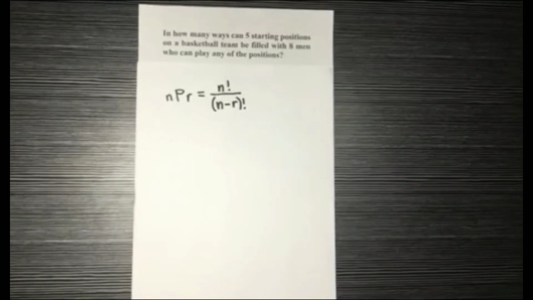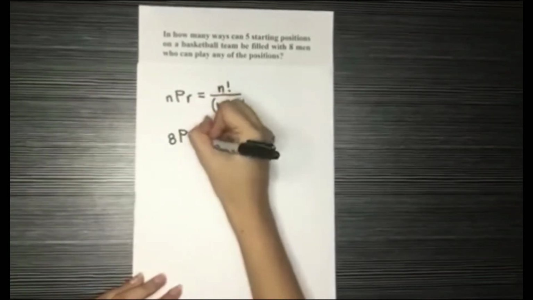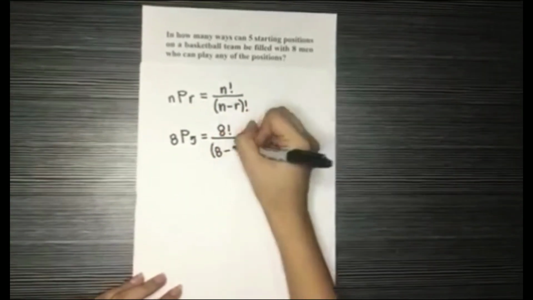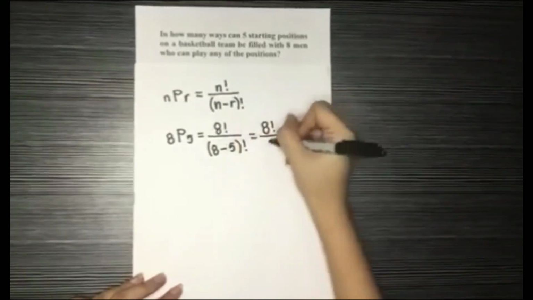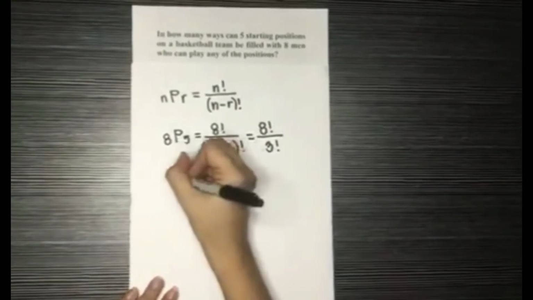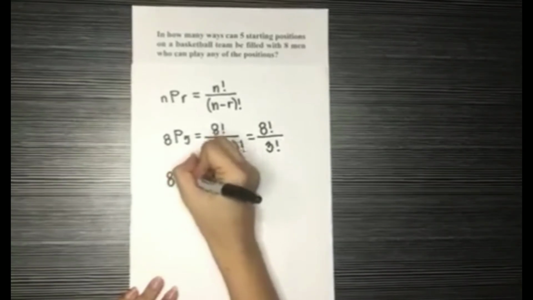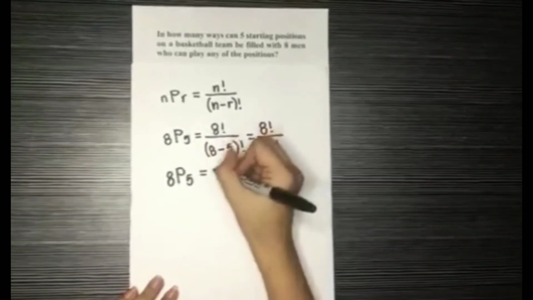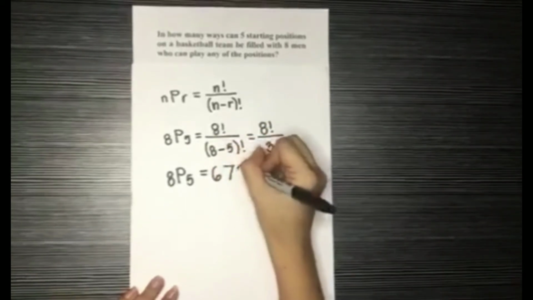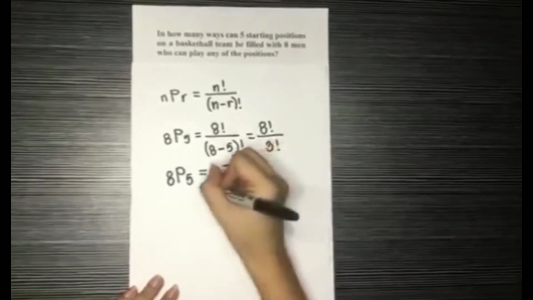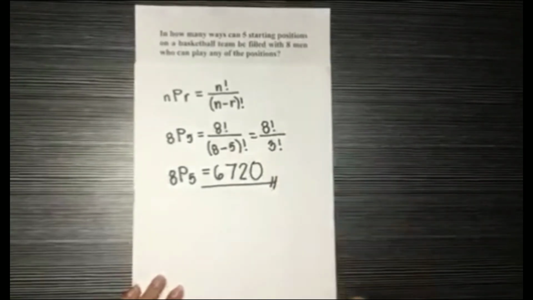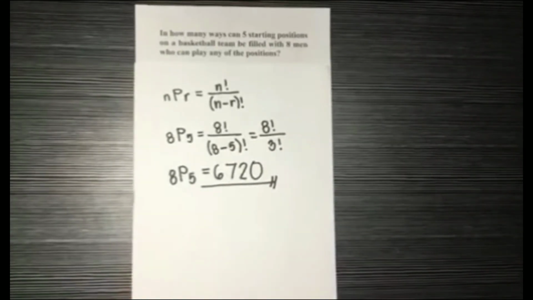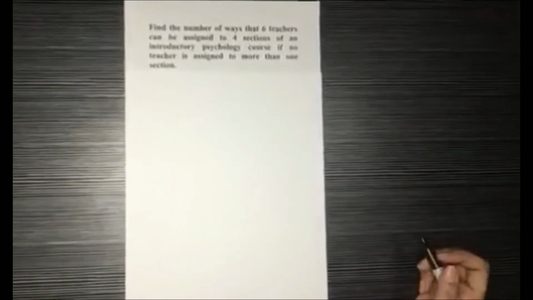So the number of permutations, 8P5, is equal to 6,720 ways. Therefore, there are 6,720 ways.